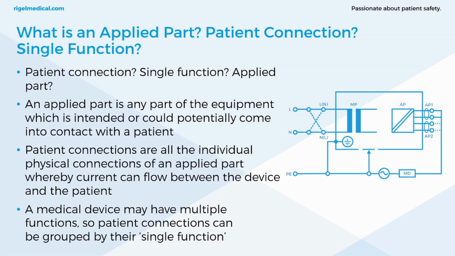Okay, so what is an applied part? Patient connection, single function. There's sometimes confusion between these, especially these two, applied part and patient connection. We try and break it down. An applied part is any part of the equipment which is intended to, or could potentially, come into contact with a patient. Patient connections are all the individual physical connections of an applied part whereby current can flow between the device and the patient.